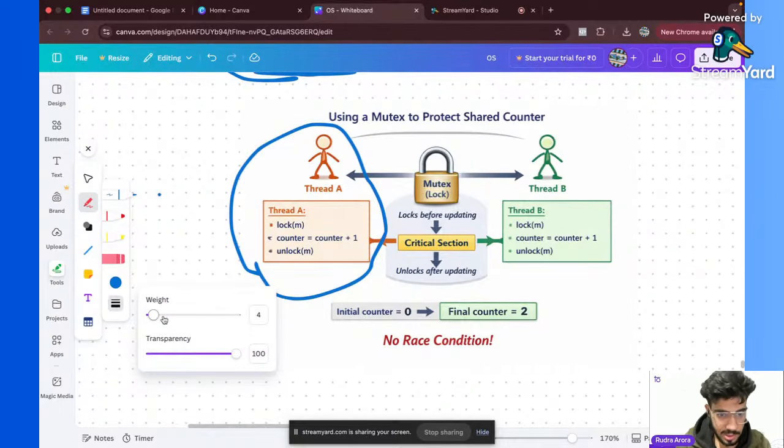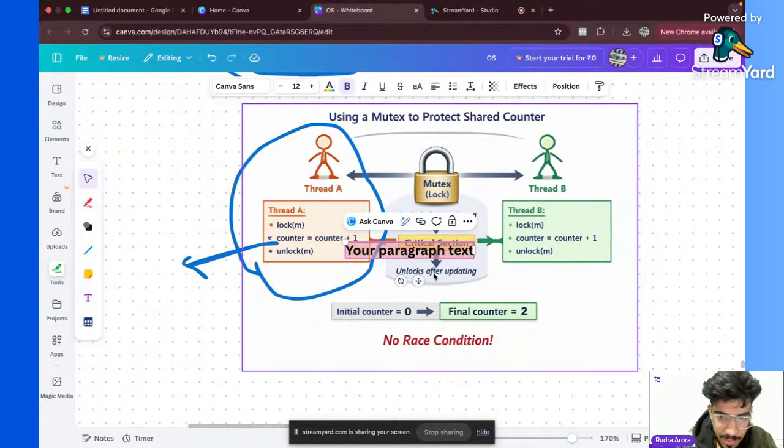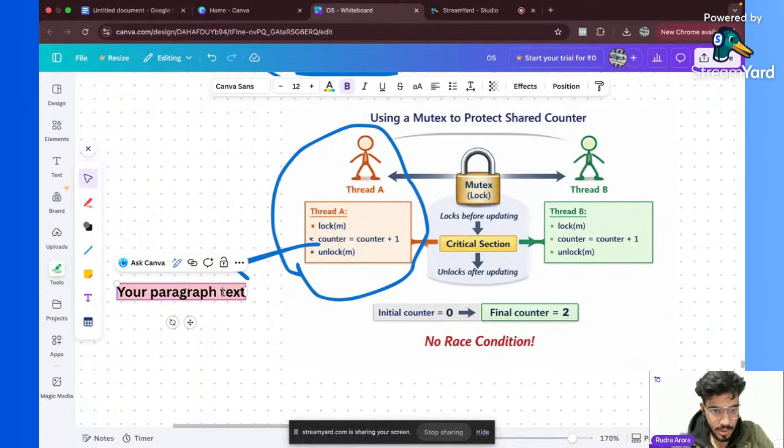Suppose we look at the example of counter. We said counter equals counter plus one, and we'll print it simultaneously here, and we will see the output count.